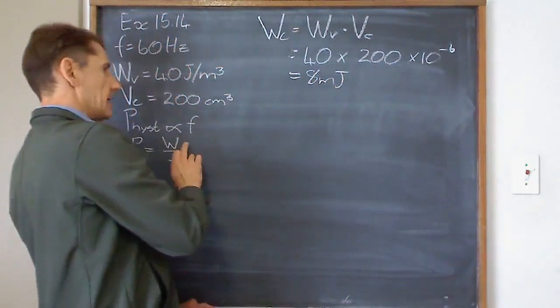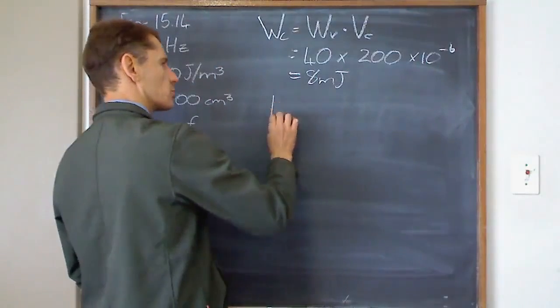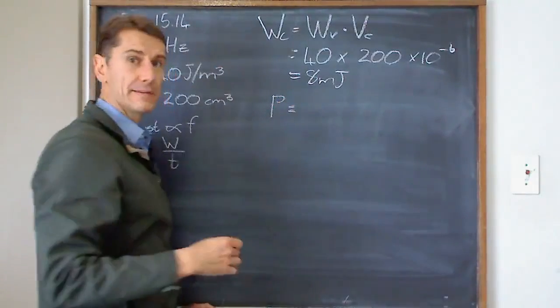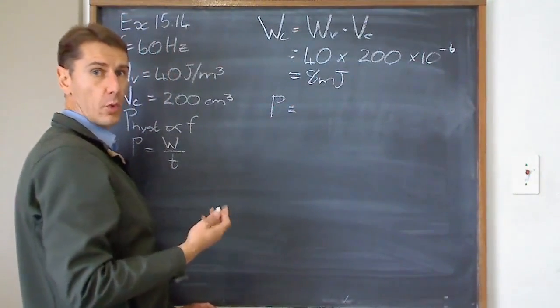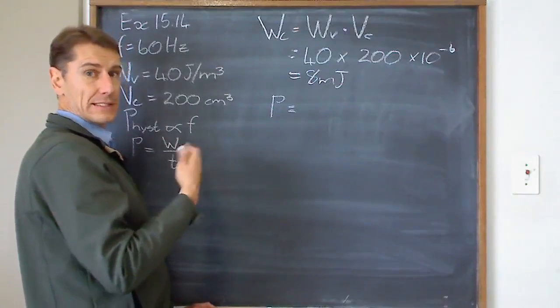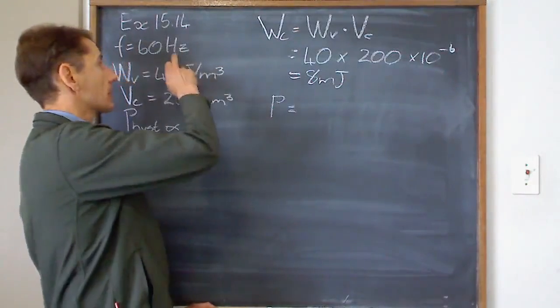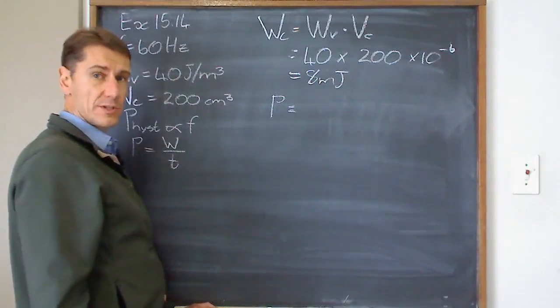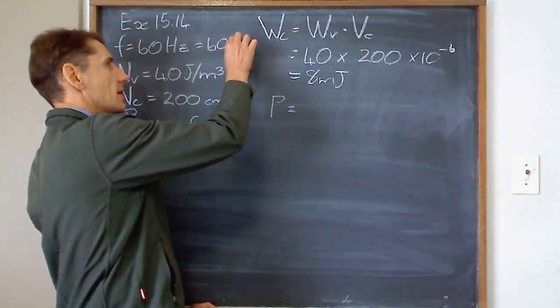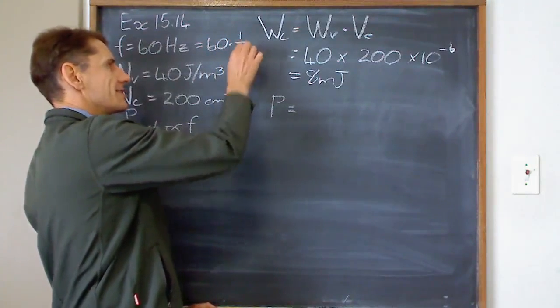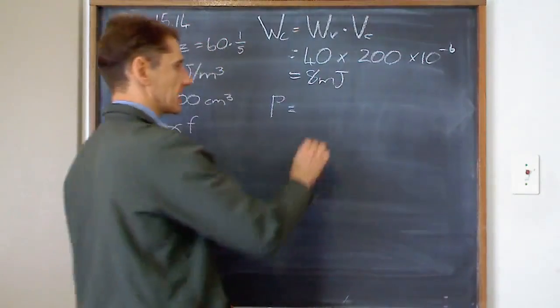So that gives me the energy bit. Now to get the actual P, I need something divided by time, the rate. Where do I get something that's a rate? Well, that's 60 hertz. What's the unit of hertz? 60 times 1 over seconds. Hertz is per second.